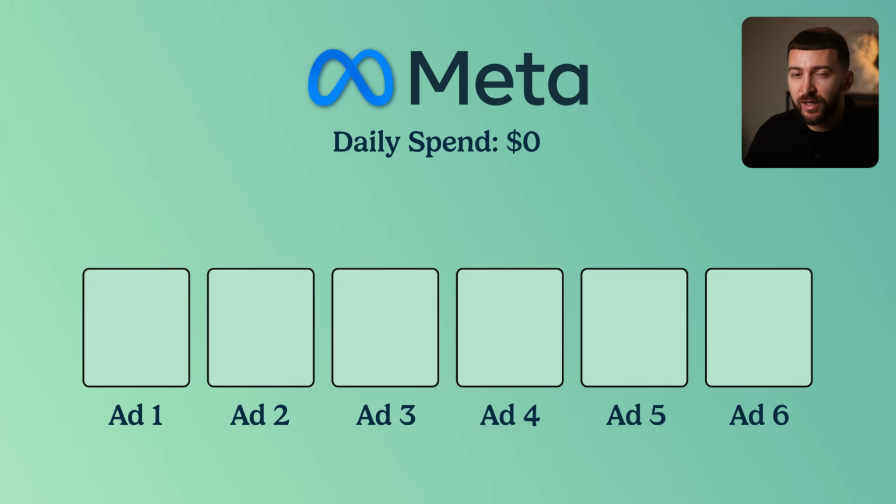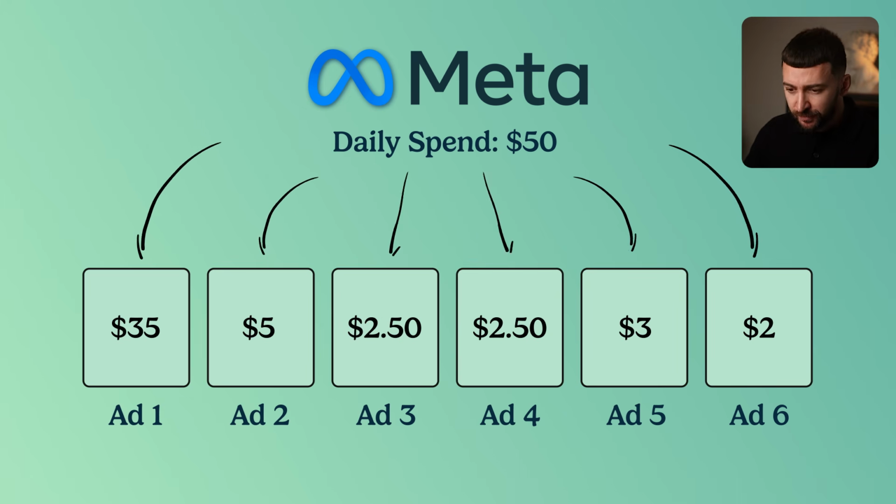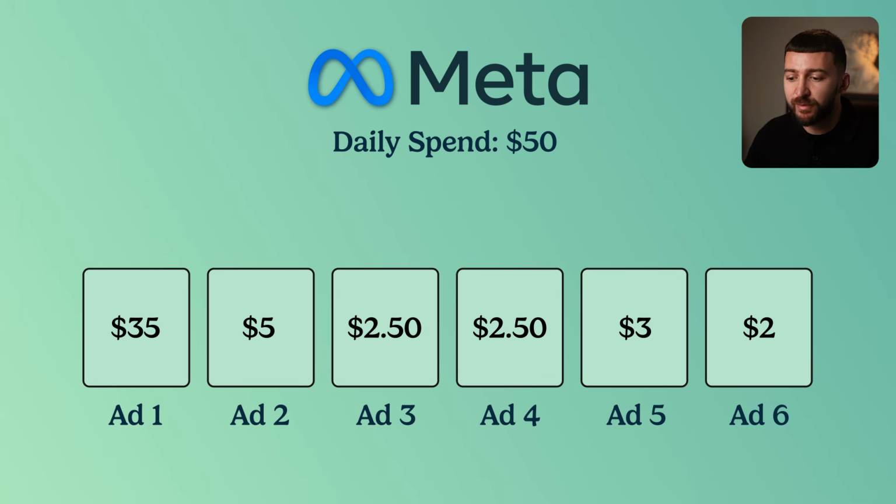And basically what it means is you set your daily budget at the campaign level rather than the ad set level. When you set your budget at the campaign level, it means you give Meta the power to decide where your budget is spent. So if you have your 6 ad creatives, you're giving Meta the power to spend the budget on those 6 ad creatives where it best sees fit, right? So you're giving Meta maximum flexibility to allocate the budget.